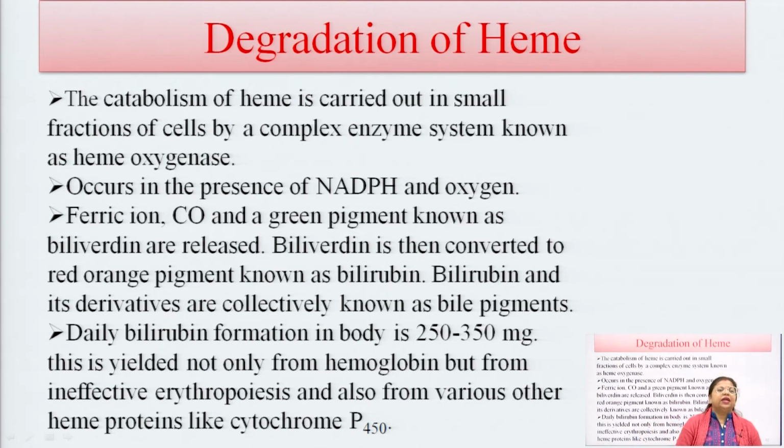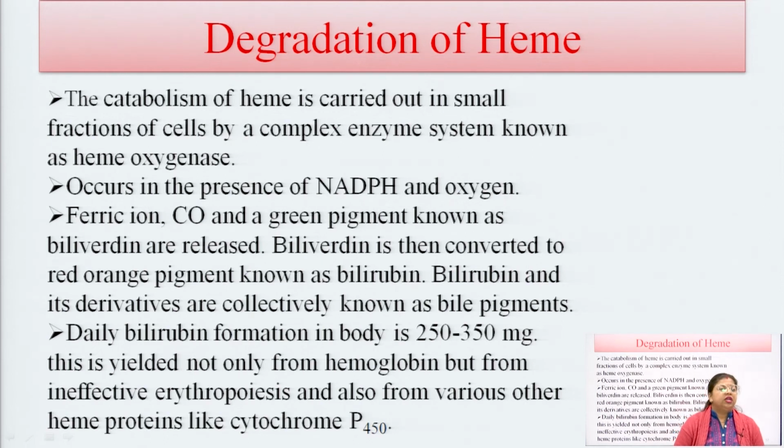The catabolism of heme is carried out in a small fraction of cells by the heme oxygenase enzyme, which requires NADPH and oxygen, and yields ferric iron, carbon monoxide and a green pigment known as biliverdin.